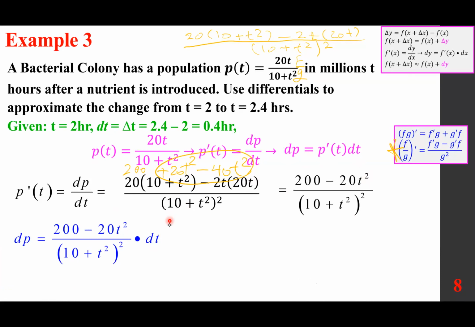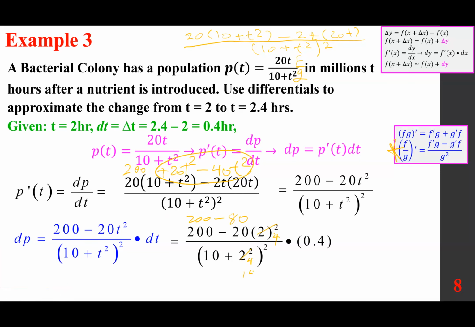So replace the dt with 0.4. So plug in. This is 4 times 20 is 80. So 200 minus 80, and this is 4.